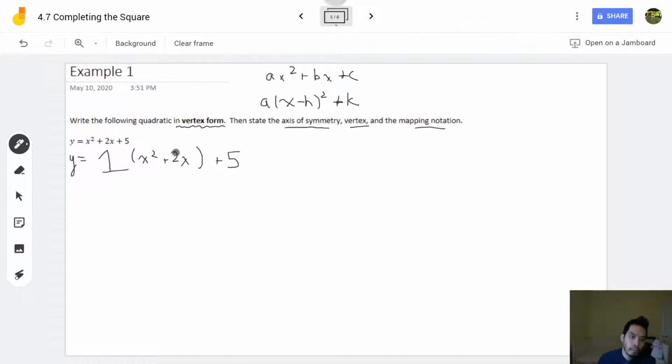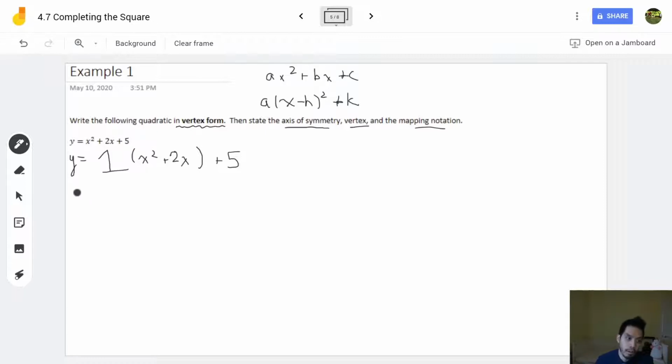And so this is kind of looking like vertex form already. I've got the brackets, I've got the a. The only thing I'm missing is that square value, which is outside. My square value right now is on the inside. I need to do something to get that square value on the outside. And the key is to change this into a perfect square trinomial somehow, without changing the actual parabola.